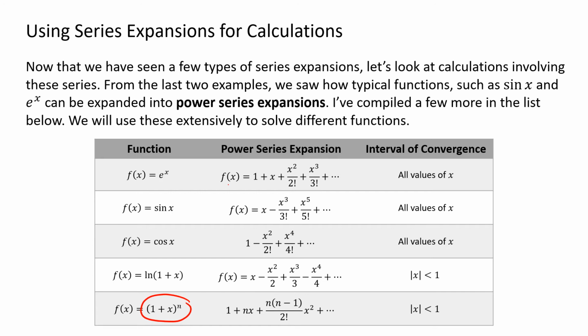So for each one of these, I guess before I move on, we're going to use these expansions in different ways. For this section of our lesson, I'm going to use these expansions and show you how we can combine them with multiplication. We can use them and say we don't have e to the x, we have e to the 2x, or maybe we have sine of x squared.